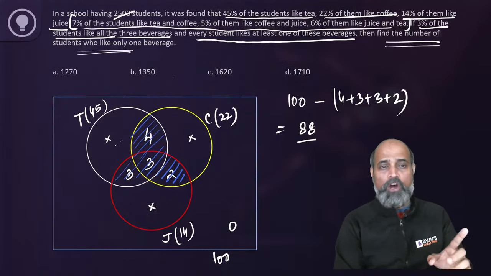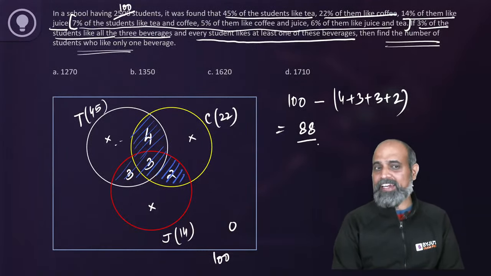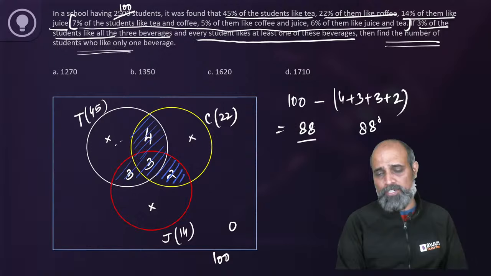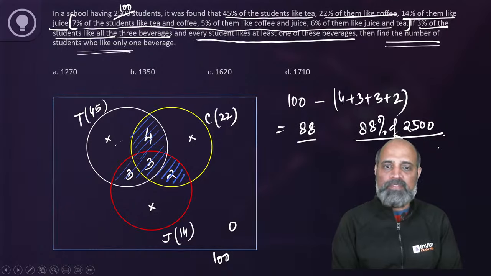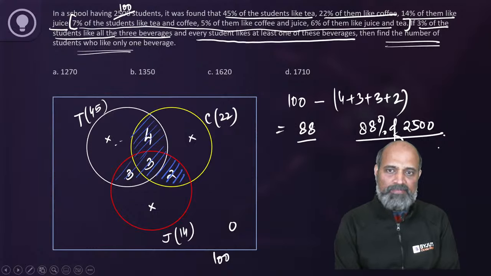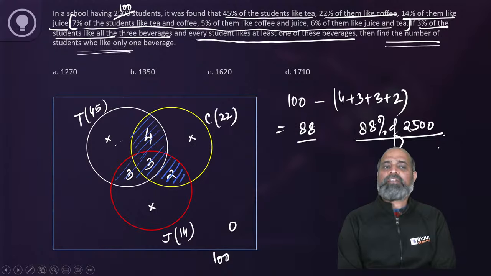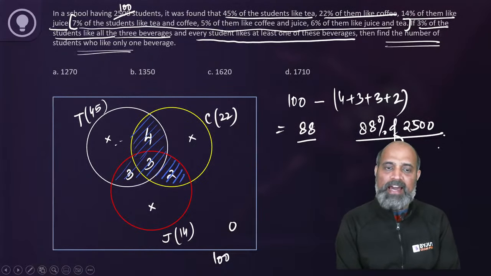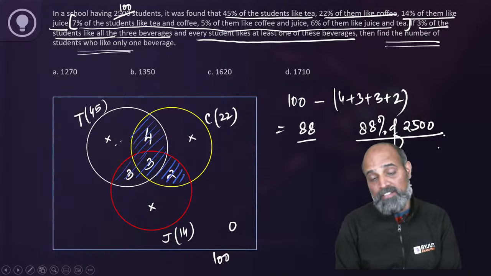Now remember, out of 100, if we have 88 people, so out of 2500, we need to have 88% of 2500 people. I hope there is no mistake here. 22, 14. Okay. Here the problem is that even if I add them, it's not going to give us 100.